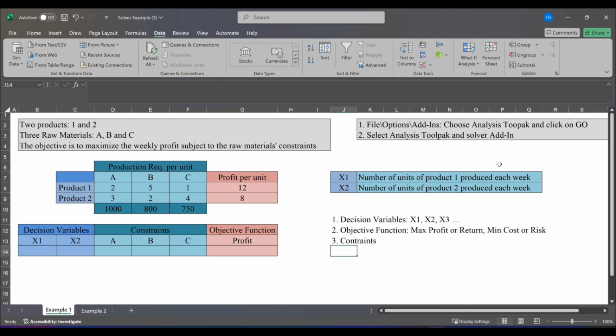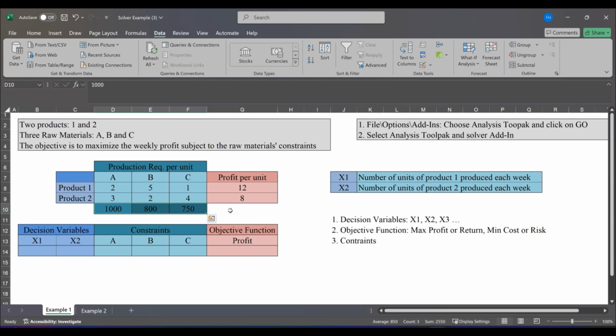So here I have in the first table the profit per unit of products one and two and the production requirements per unit, like how many units of each raw material I would need to produce product one or product two. And here I have 1,800, 750. Those are the available weekly quantities of each product.